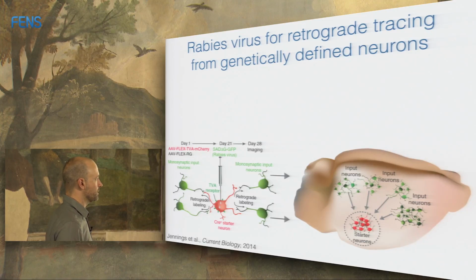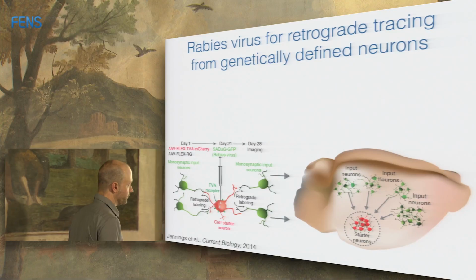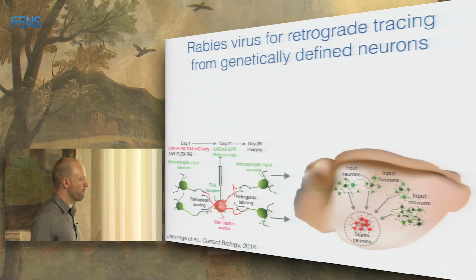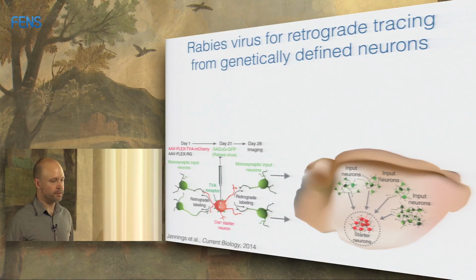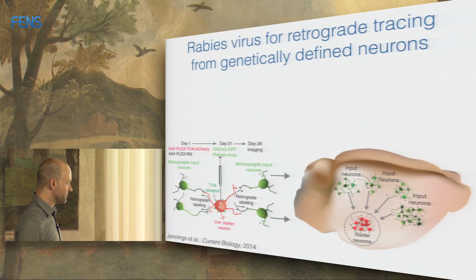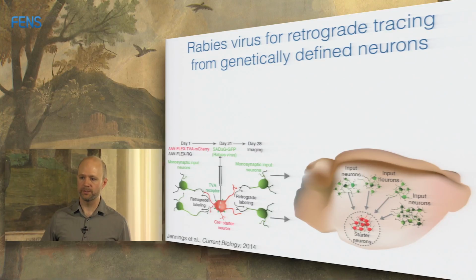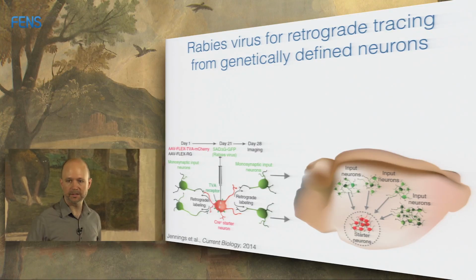And so why this is really cool and a potentially powerful approach is it allows you to map all those cells, or at least a large portion of those cells that are projecting to a genetically defined population of postsynaptic neurons. Does that make sense?